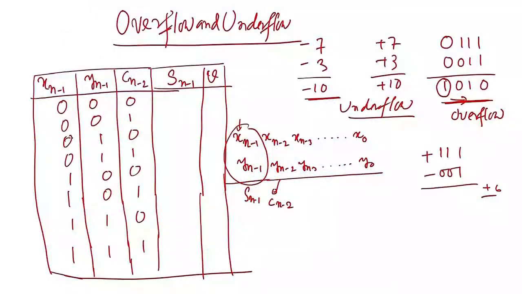The only problem will happen when you are adding 2 negative numbers or 2 positive numbers, that time only overflow or underflow will happen. Therefore, if one number is positive and another negative, there is no chance for overflow.